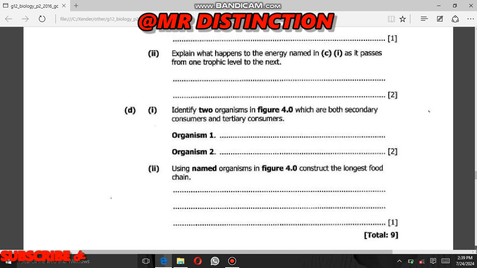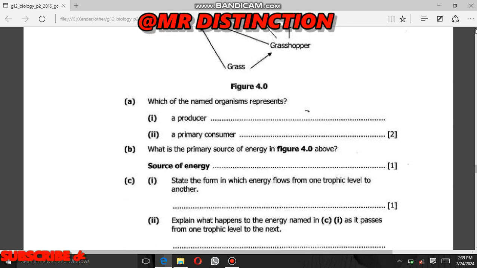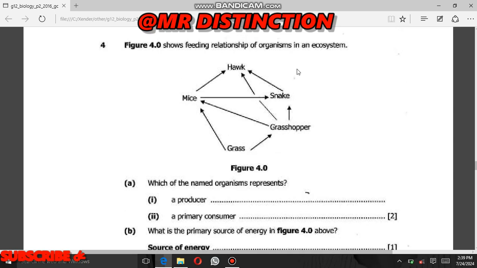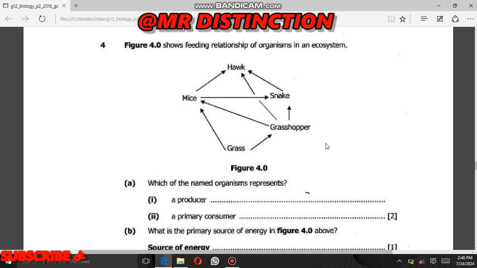So these were the possible answers. Okay, so using named organisms in figure 4.0, construct the longest food chain. The longest food chain we can construct from this feeding relationship, we can construct it starting with the grass, because any food chain begins with the producer.